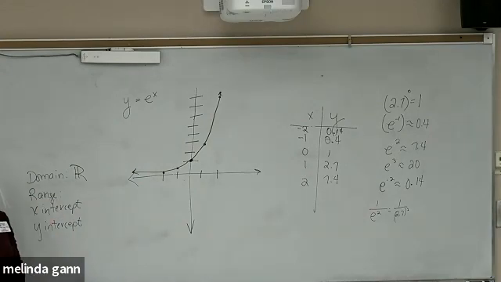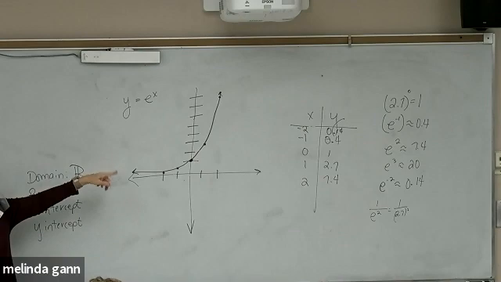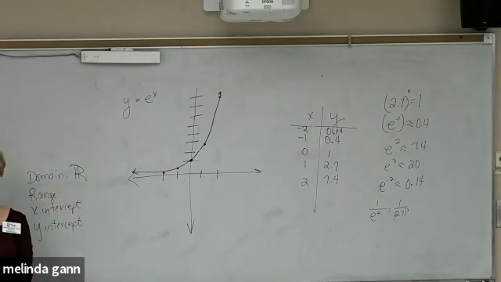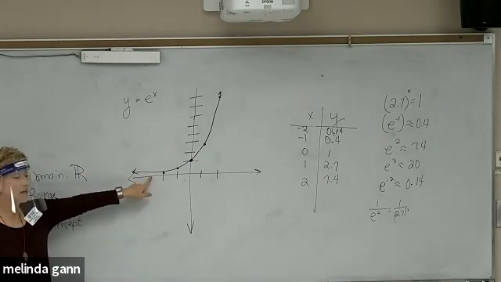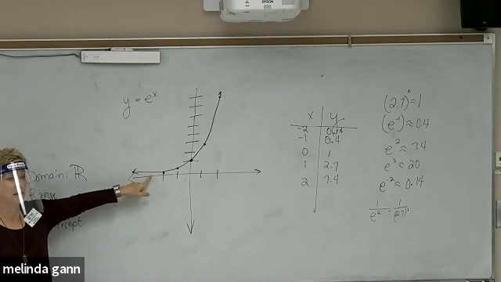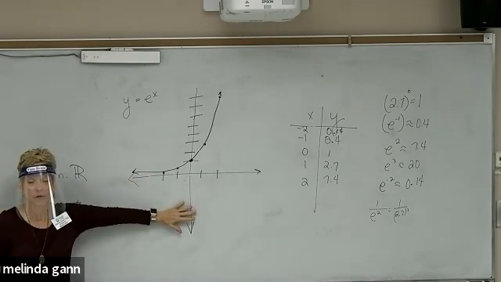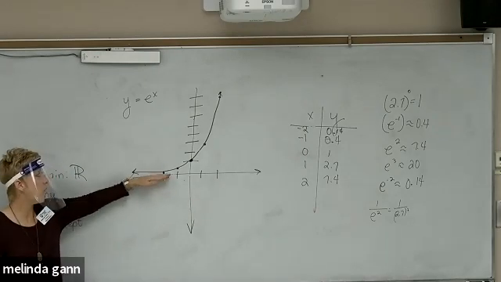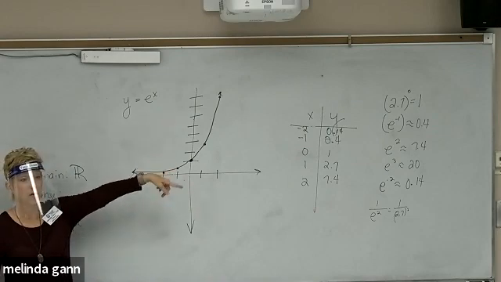Now, range, what numbers are range? They're not the x numbers, they're the y's. What do you notice about all the y's on your points? They never touch that one. So what does that mean? Y is never going to be 0. Is it ever going to be negative? Do you see that all of your y values are positive over there?